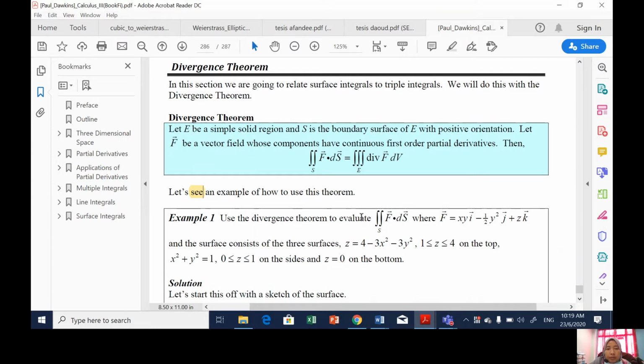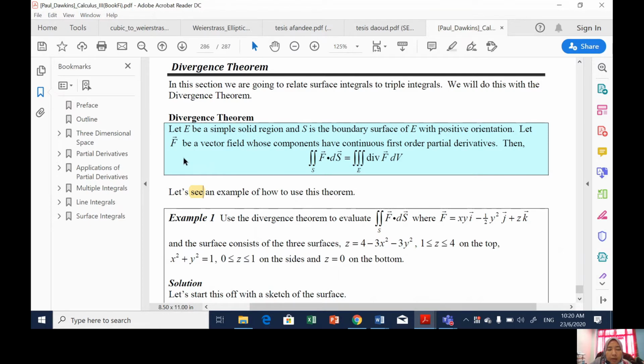In this theorem, it uses the dot product for the vector, and this theorem transforms the double integral to the triple integral. I'm going to read the theorem. Let E be a simple solid region and S the boundary surface of the solid with positive orientation.